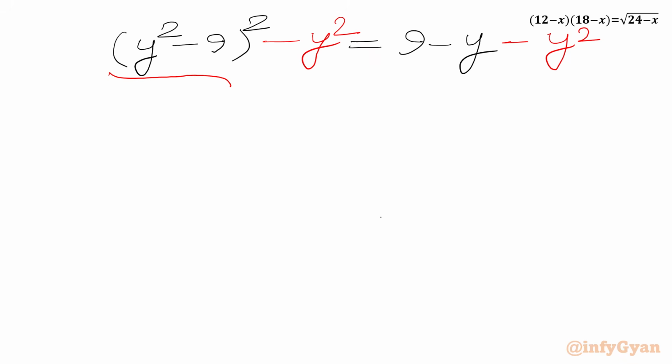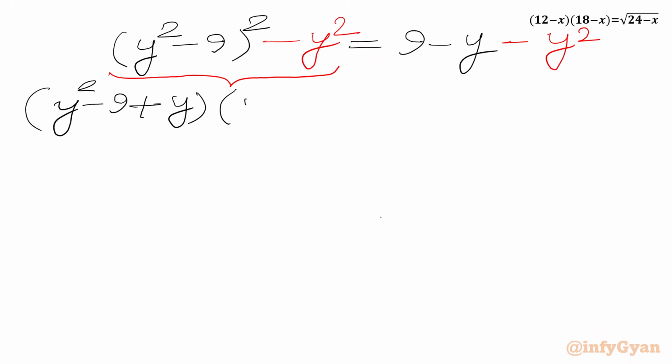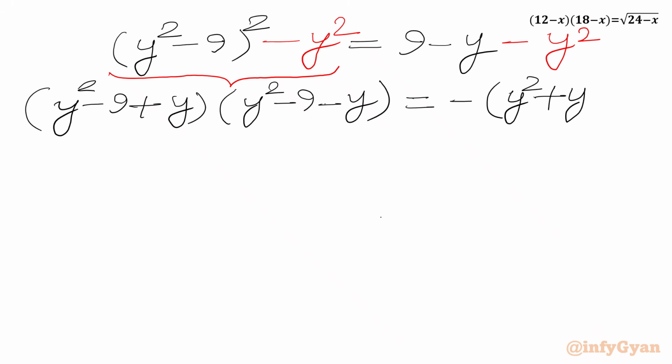Now in LHS we have a square minus b square form. Here we'll apply a plus b times a minus b. So we can write y square minus 9 plus y times y square minus 9 minus y equal to, minus is common, we'll write y square plus y minus 9.